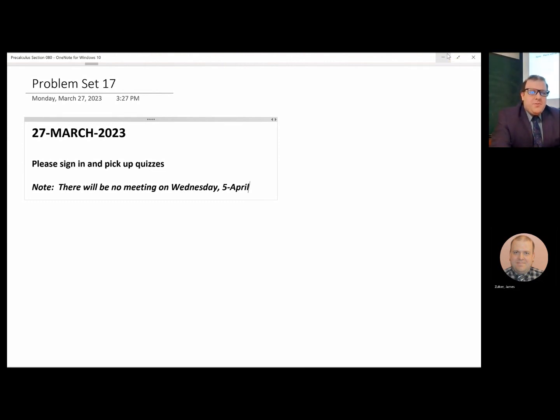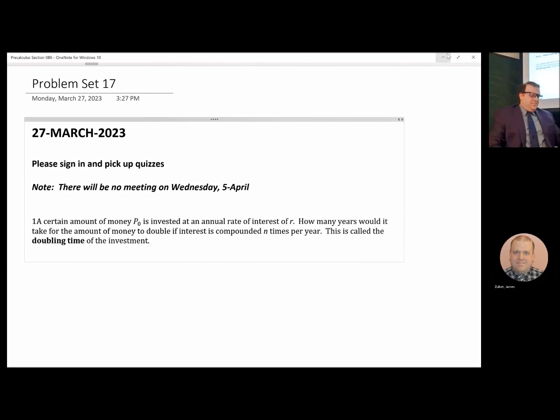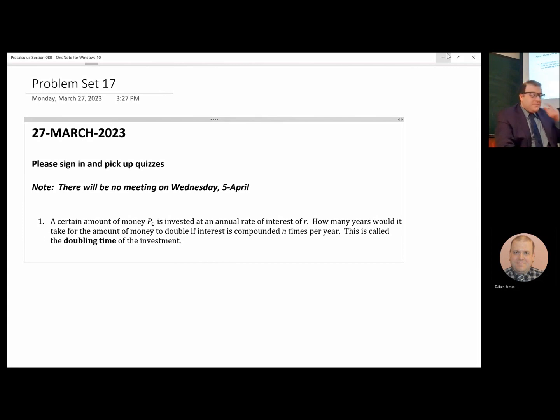Going to finish up with the exponential and logarithmic functions, looking at some applications, just a few. Homework's going to have some more models for you to look at.